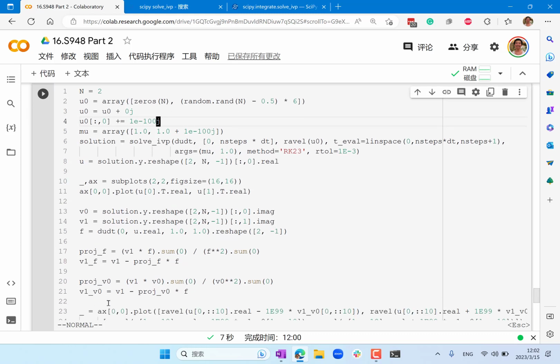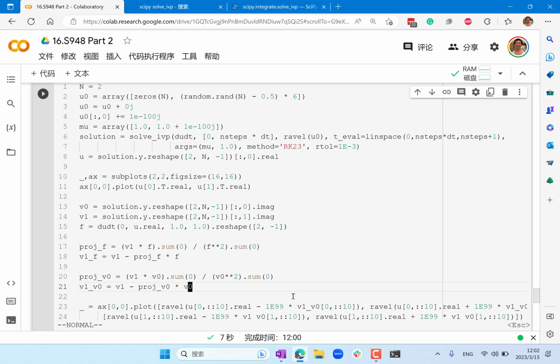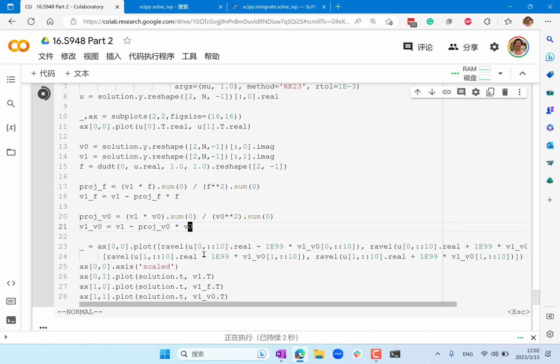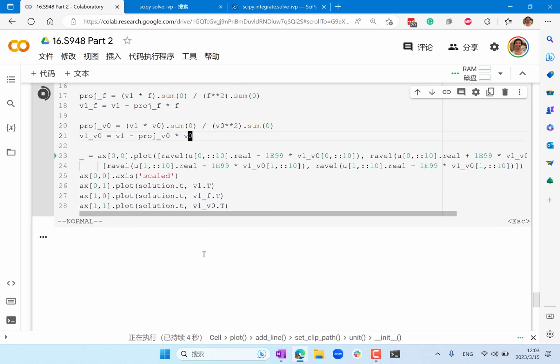Yeah, I think I have a problem with the... Oh, yeah, so v1 times v0 divided by v0 squared. Oh, it's not multiplied by f, it should be multiplied by v0. Yeah, sorry. So this is the projection. Okay, so let's run it again and see what we get.